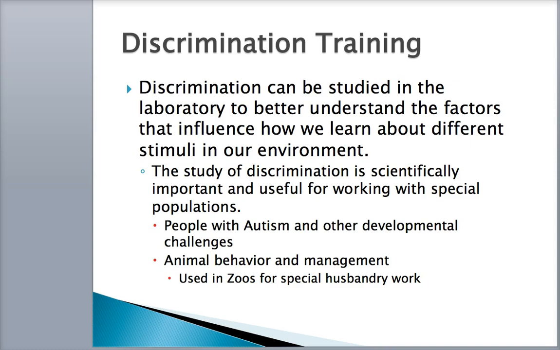It's really scientifically important for us to understand this, and it's useful in an applied way for working with special populations. People with autism and other developmental disabilities or challenges often have difficulty with discrimination, so understanding how discrimination is affected by different factors allows us to tailor discrimination training for those individuals.